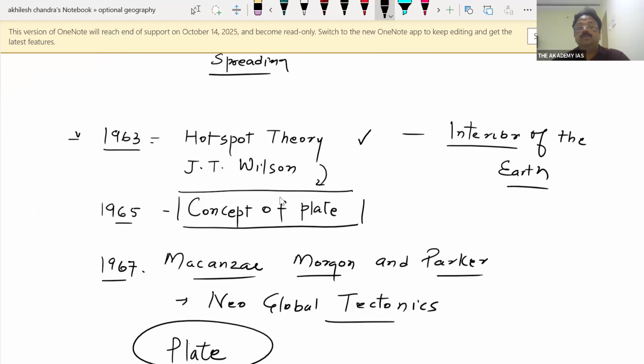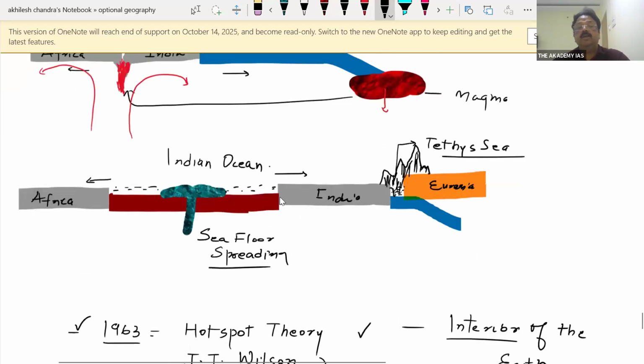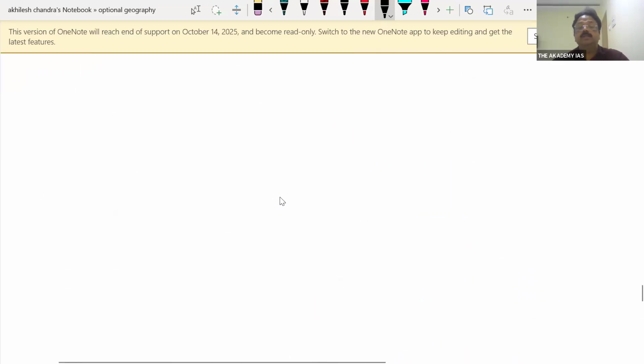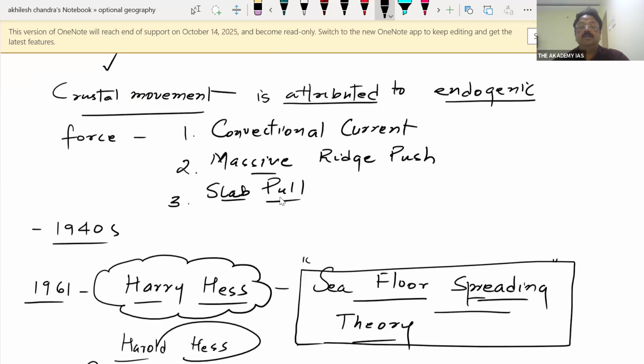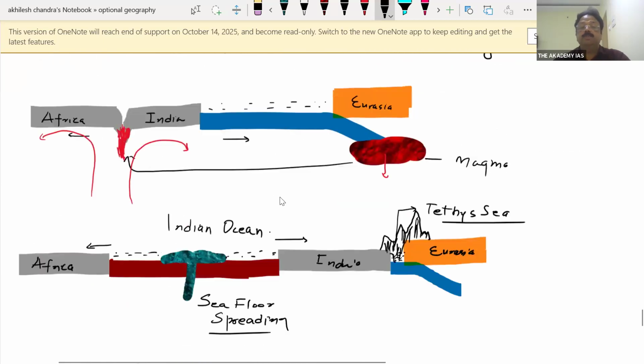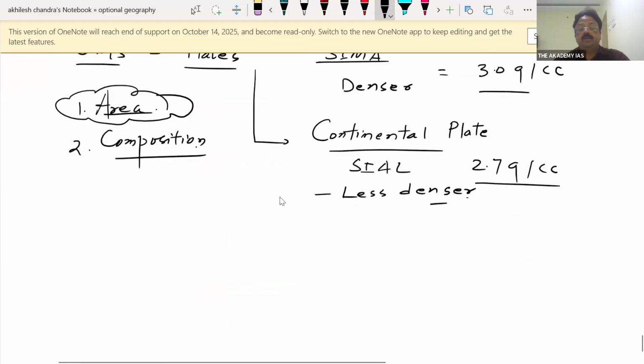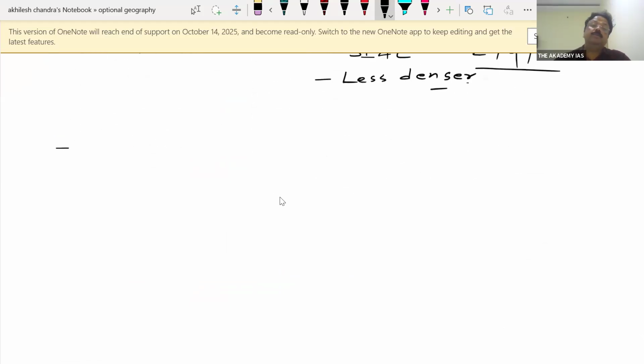So on the very basis of these two concepts and along with this seafloor spreading theory of Harry Hess, plate tectonics was given. Initially, it was independently given as neo-global tectonics, and later it became plate tectonics.